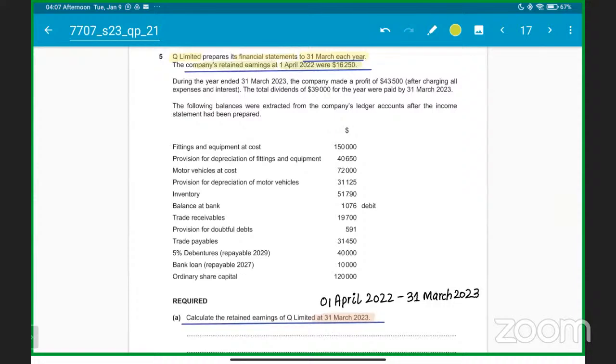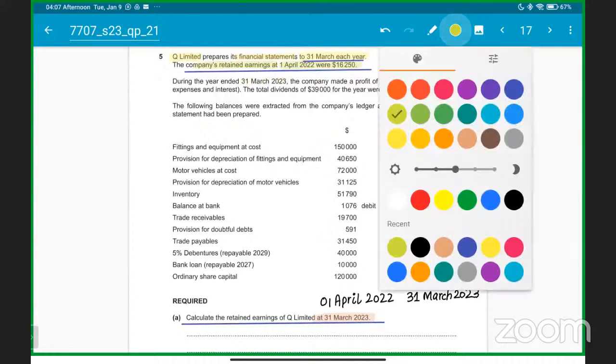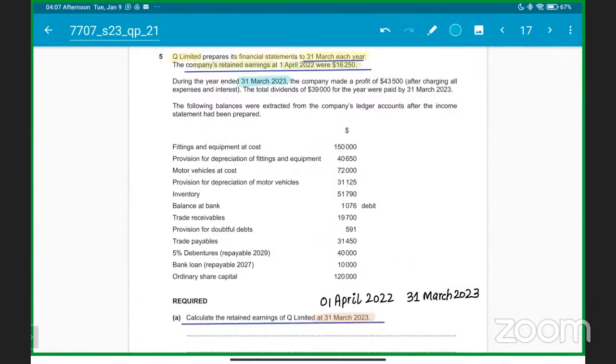1st April 2022, the year starts. That's why they have given 16,250. During the year ended 31st March, very basic concepts, the company made a profit of $43,500 after charging all the expenses and interest, and the total dividends of 39,000 for the year were paid by 31st March 2023.